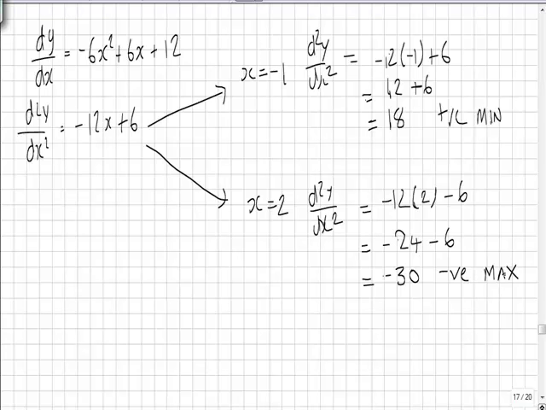So we have our stationary points of minus 1, minus 12, which is a minimum, and we have our stationary point of 2, 15, which is in fact a maximum.